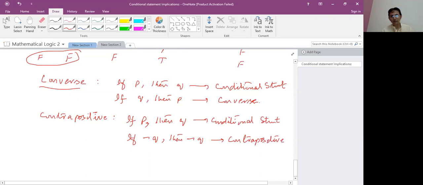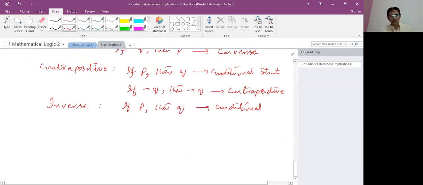Now what is inverse? If P then Q, it is conditional. Now student, if it is converted into another conditional statement, if negation P then negation Q, this is called inverse.